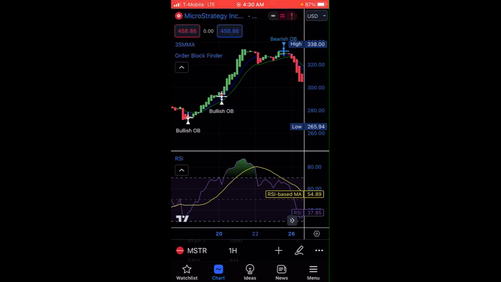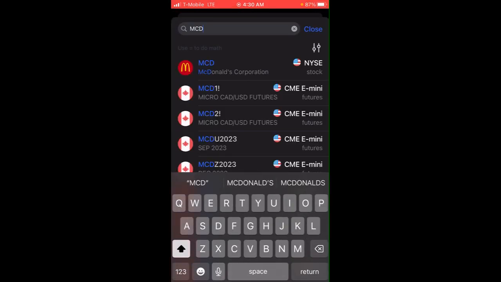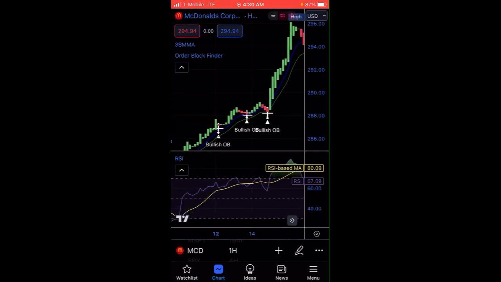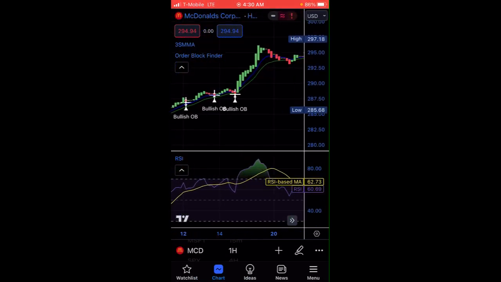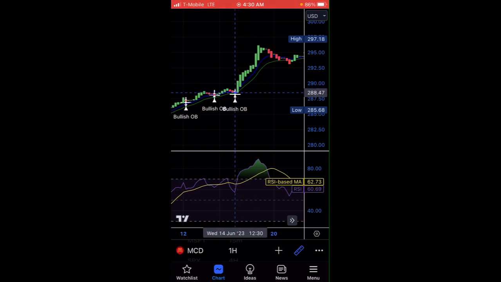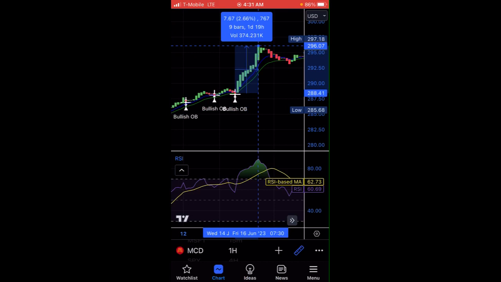So I'm going to leave it at that, and let's just look at something like McDonald's, regular stock here. Let's see how well this works for this one. Okay, so we get a signal right here. It looks like an uptrend with the RSI. So we come in here, we ride this out, and this is about $800 in a day and a half.